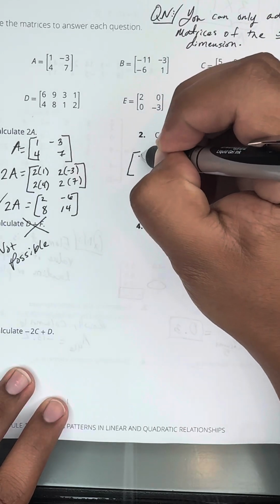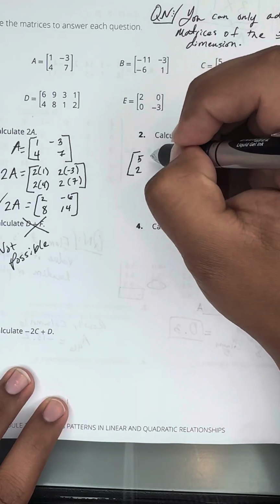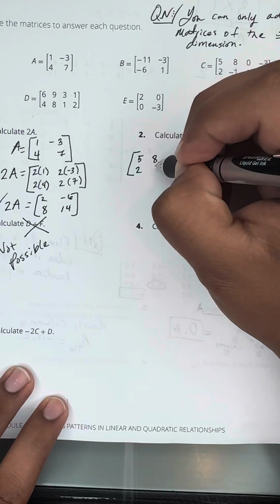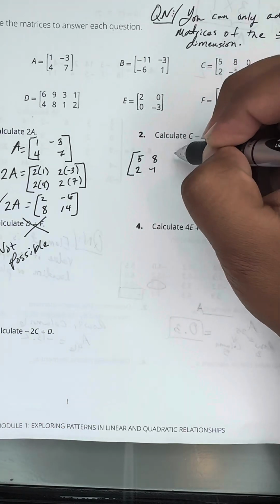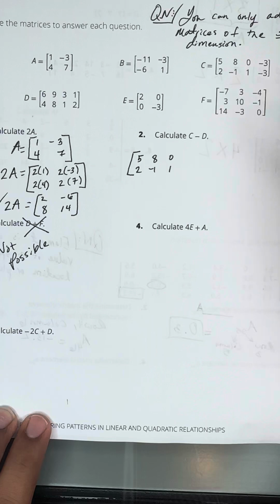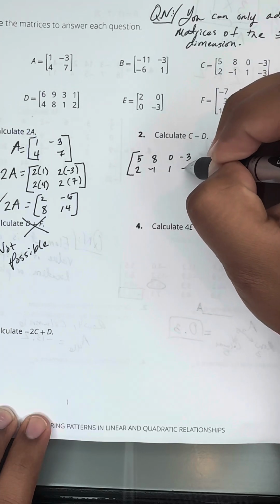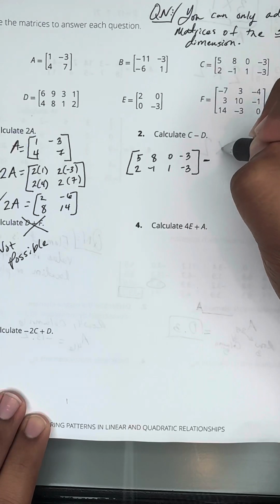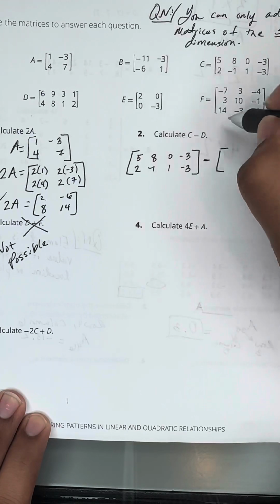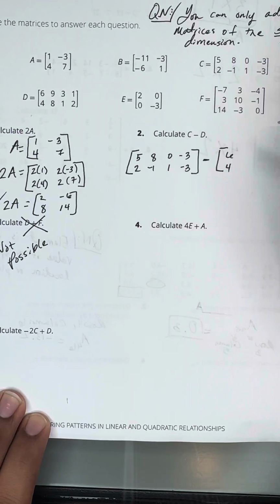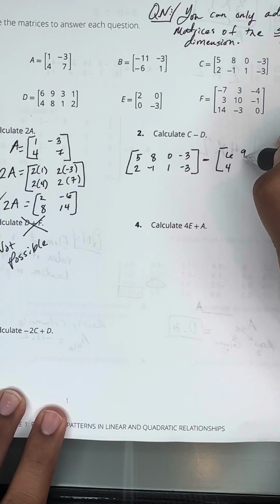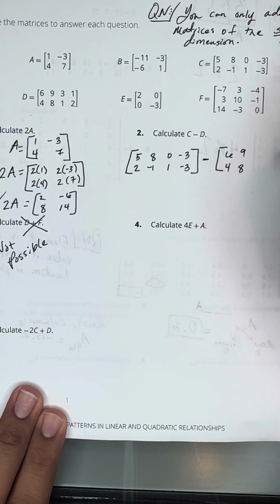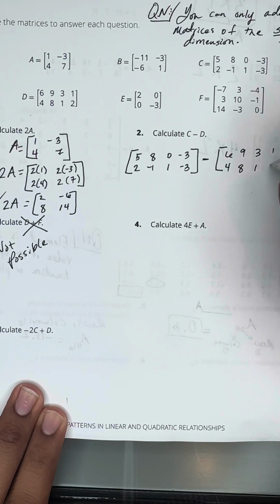C is 5, 2, 8, negative 1, 0, 1, negative 3, negative 3, minus our D matrix, 6, 4, 9, 8, 3, 1, 1, 2.